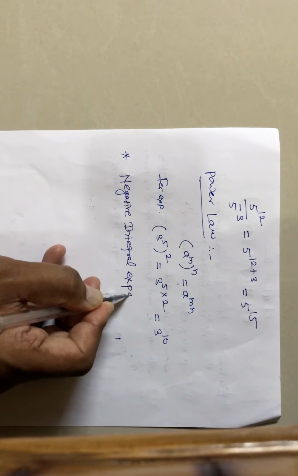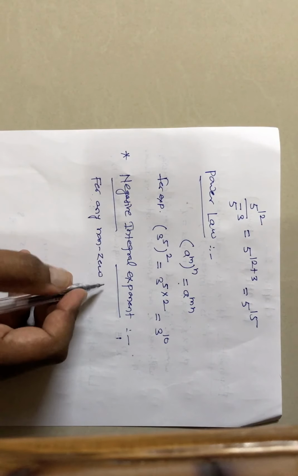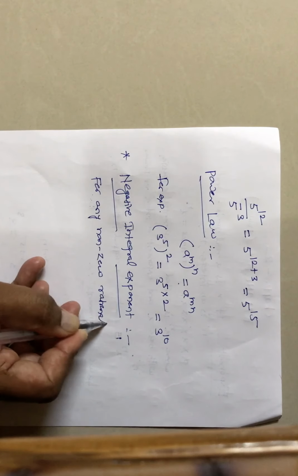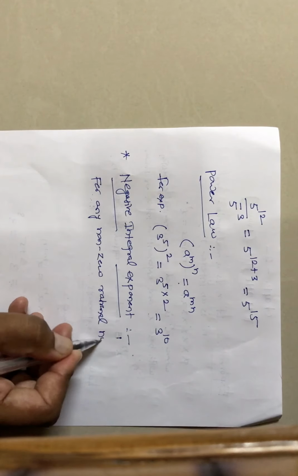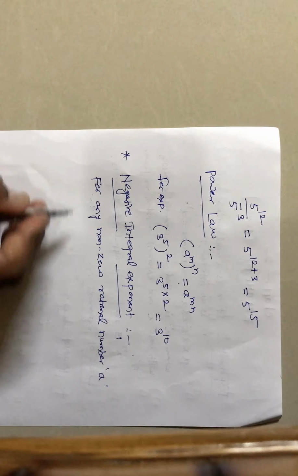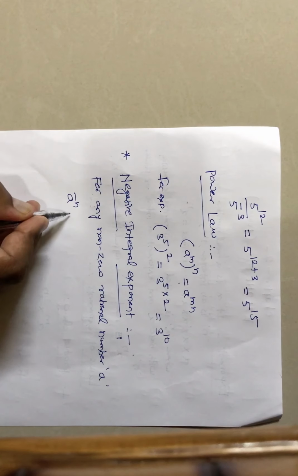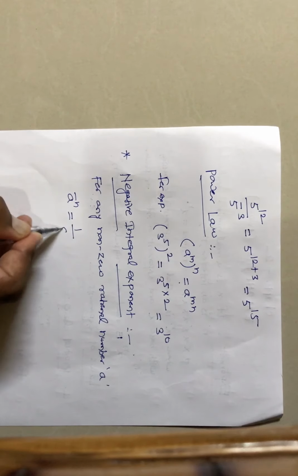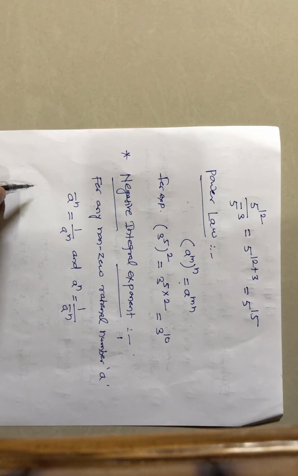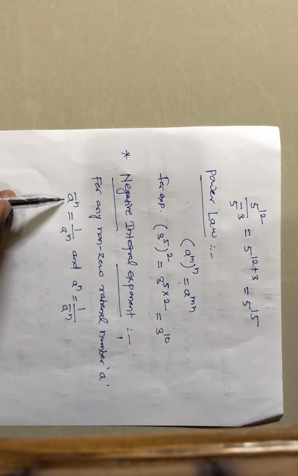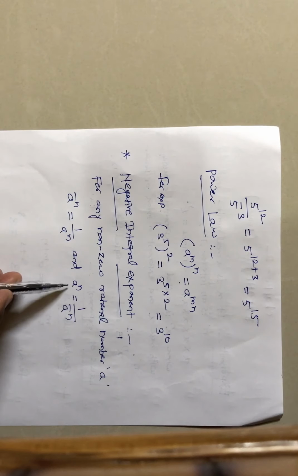For any non-zero rational number a, a raised to the power minus n is equal to 1 upon a raised to n, and a raised to the power n is equal to 1 upon a raised to the minus n. That is, a raised to minus n and a raised to n are reciprocal of each other.